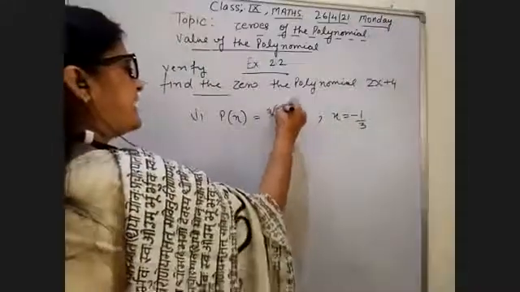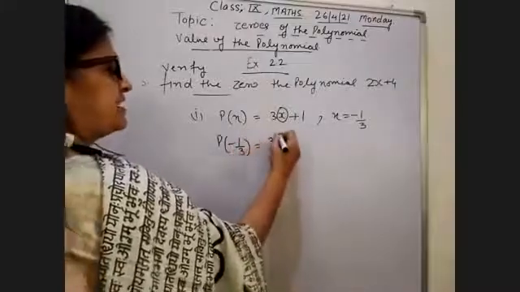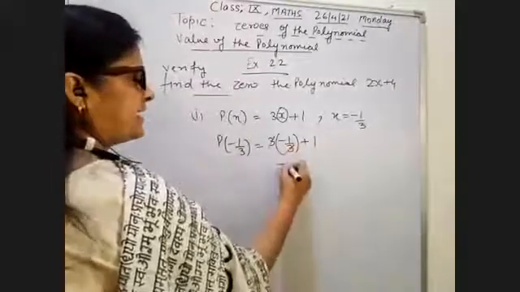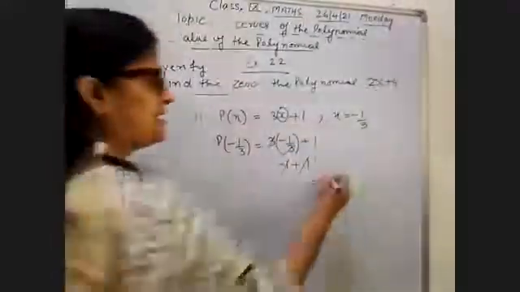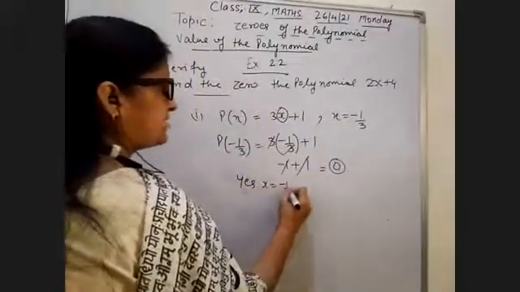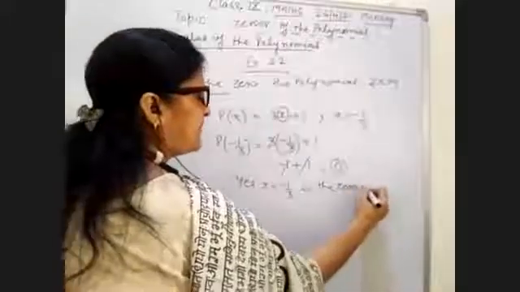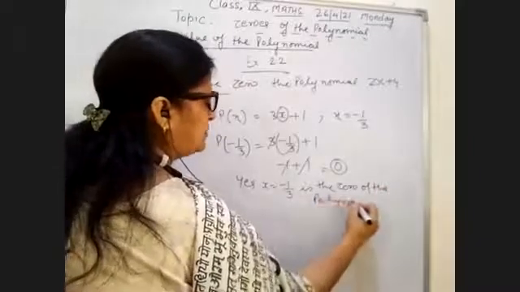Then by putting x equal to minus 1 upon 3, 3 into minus 1 upon 3 plus 1. Minus 1 plus 1. Cancel minus 1 with plus 1. Yes, you can write it. x equal to minus 1 upon 3 is the zero of the polynomial. Okay, you can check it also.